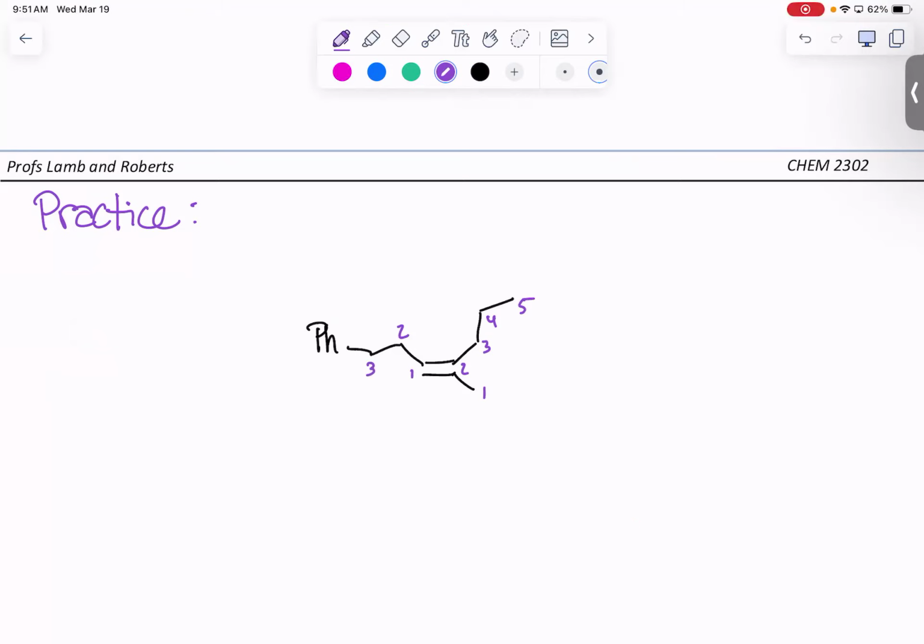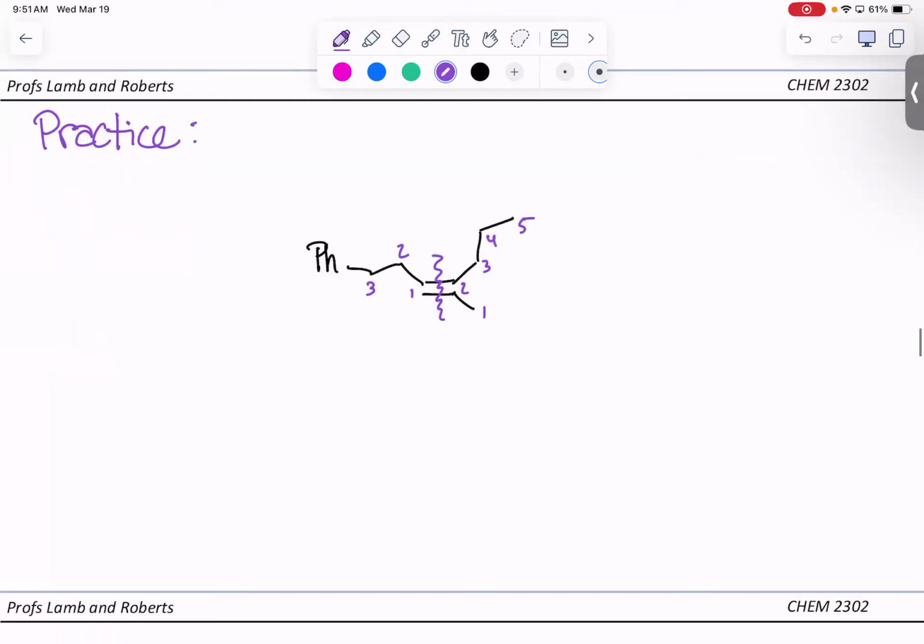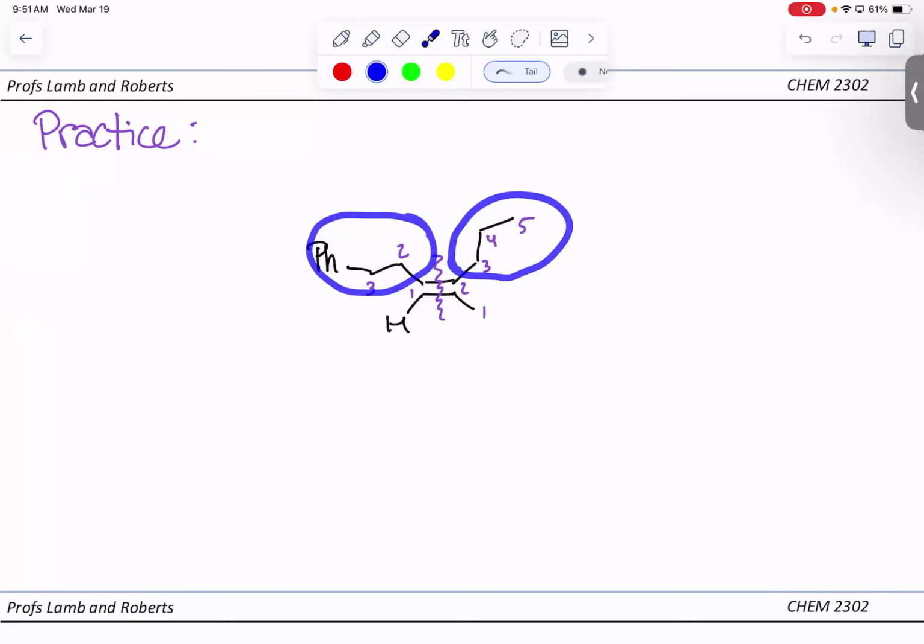Let's just go ahead and label the 2 sides because we know we're going to break this double bond here. Okay, so for clarity, let's draw in our hydrogen. So in this case, what we have is our highest priority substituents are on the same side as each other. This is a Z alkene, right?